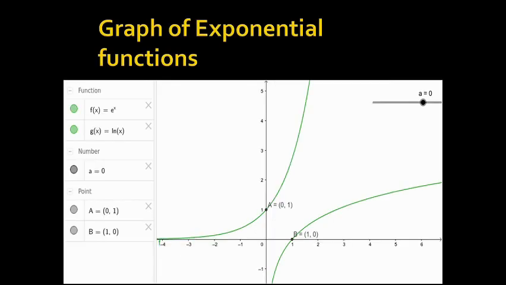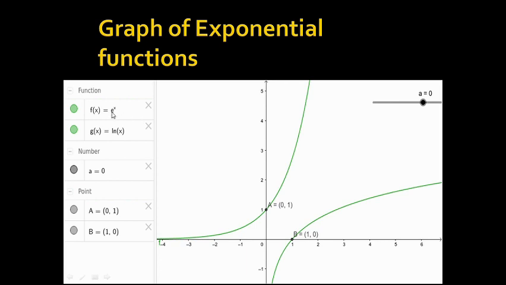Now the graph of exponential function, when f of x is equal to e power x. This is an exponential function, and we know that the value of e is 2 point something, and that's why in such type of function we give different values to its power x, because this e is a constant number.